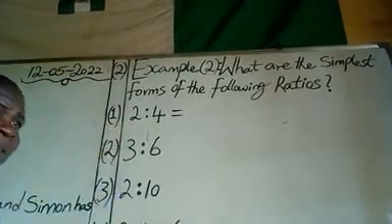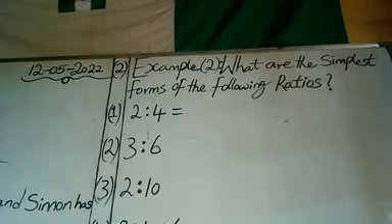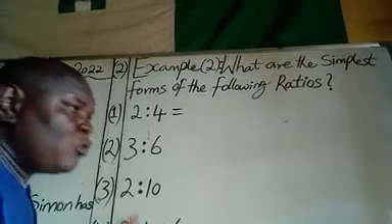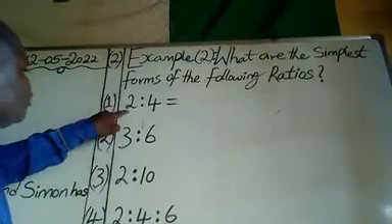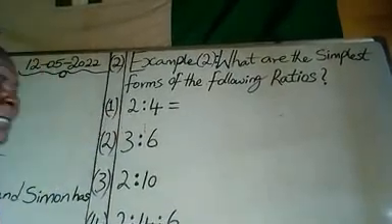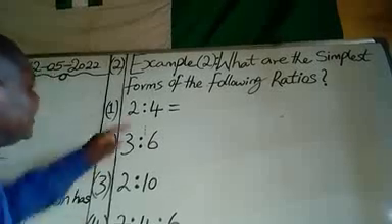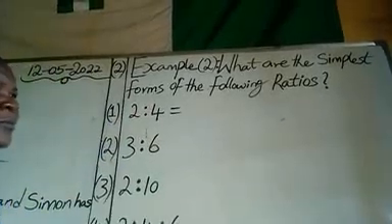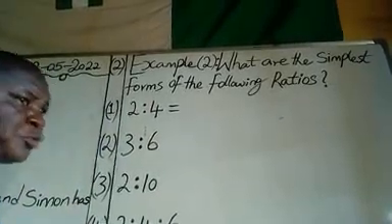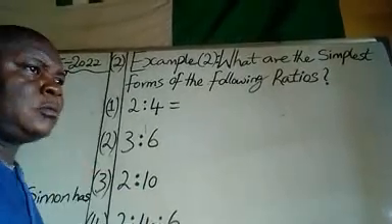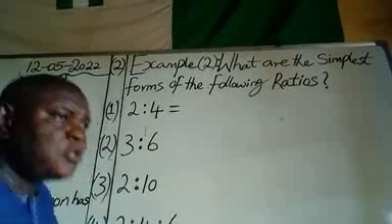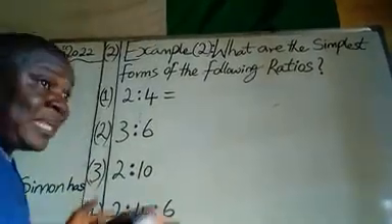I have to select a non-zero number that I can divide 2 by, that I can divide 4 by, without a remainder. Let me select 2. I've selected 2.